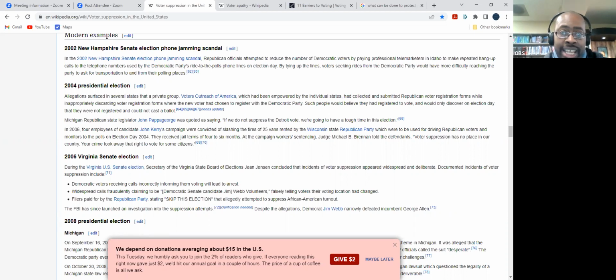Such people would believe that they had registered to vote, only to discover on election day that they were not registered and could not cast a ballot, because even though they registered, their registration was thrown out.